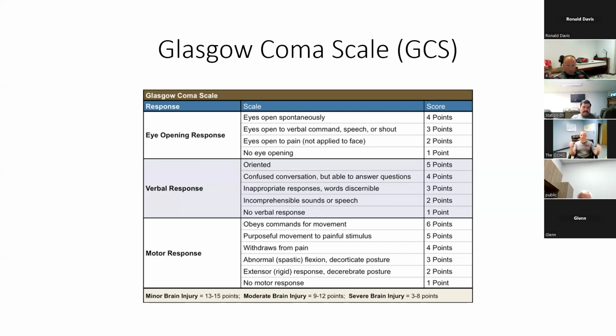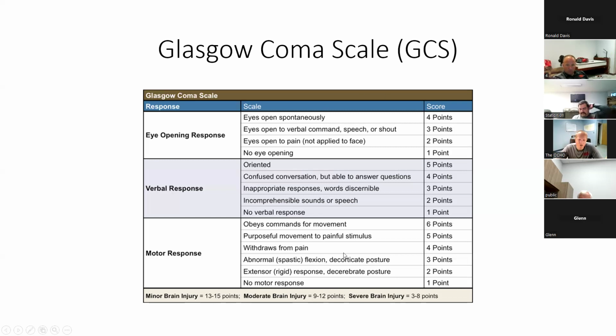Moving to stimulus, withdrawn from stimuli, decorticate, decerebrate. If you're on scene, you can memorize that pattern of the patient going towards, away, and that can help unjumble this in your mind. And then of course no motor response is 1.